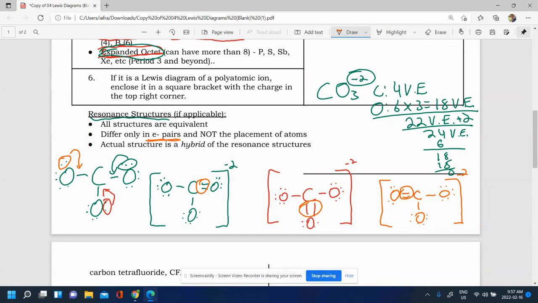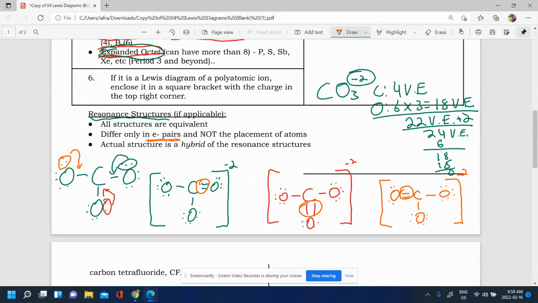In reality, if you were to do some experiments with this, you would find that the structure is actually a hybrid of all these. It's like mixing paint almost, right? If you mix different colors of paint, you have a different color that comes out that's a hybrid of the two colors. And so this is what's happened here. In cases like this, where you can have a choice as to where you put your double bond, as long as the atoms remain the same and everything looks equivalent, these are called resonance structures.